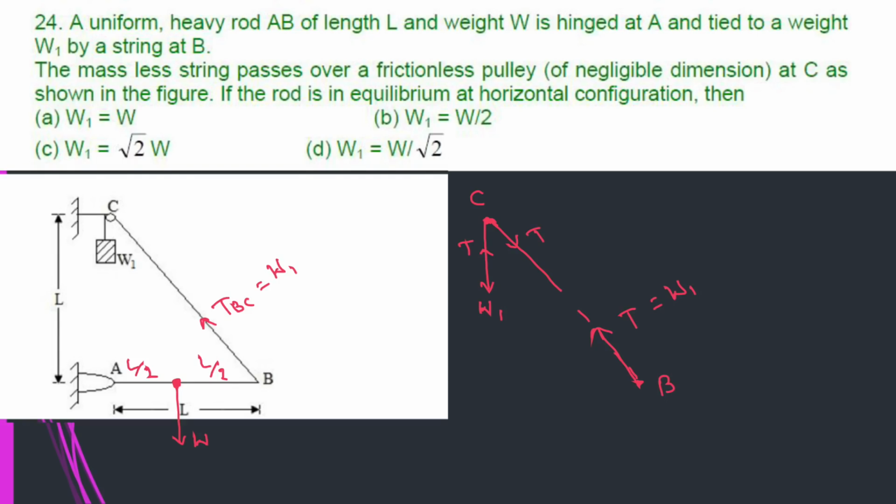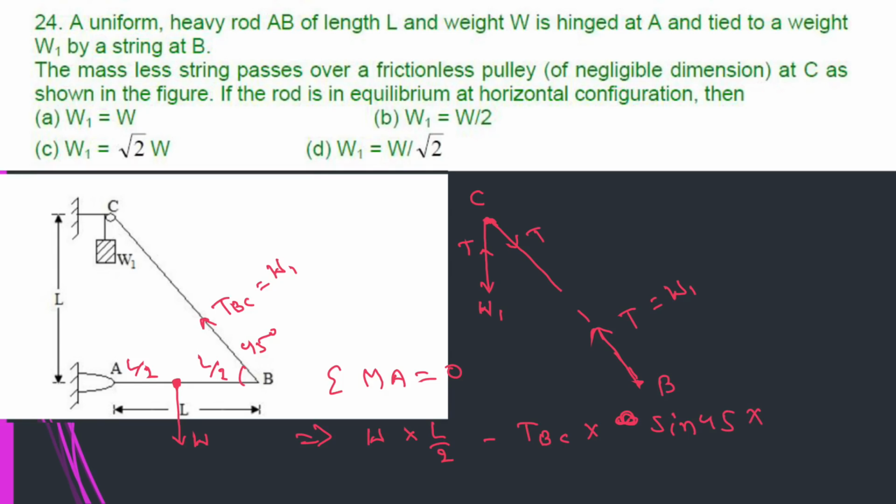So taking moment along A point, it's equal to 0. W into L by 2, it's clockwise so positive, minus TBC into sin 45 into total length, it's equal to 0.